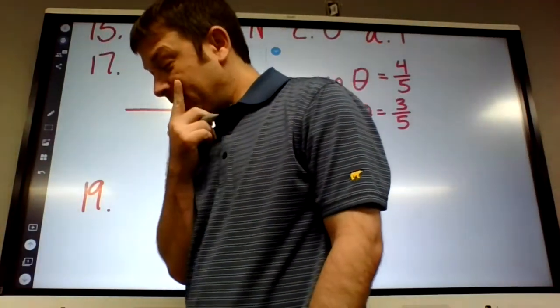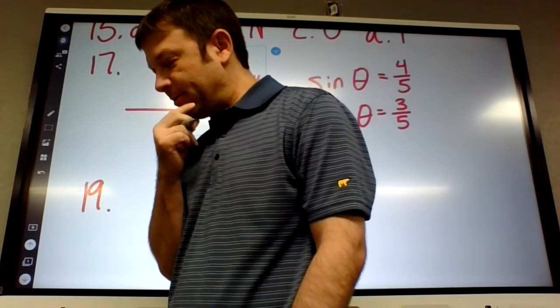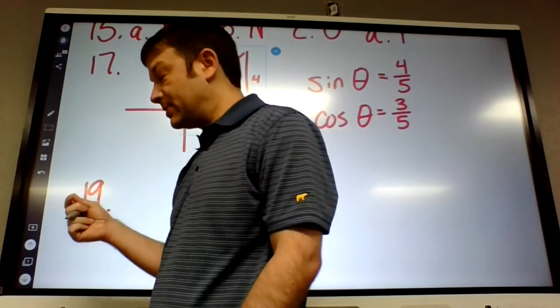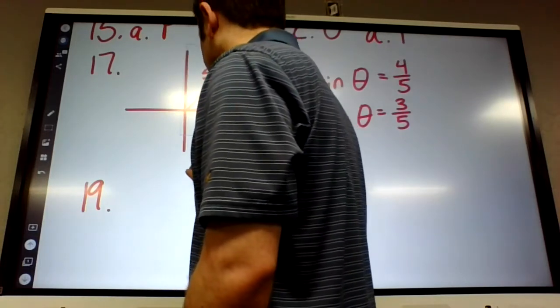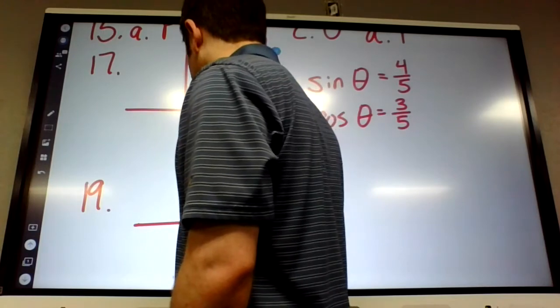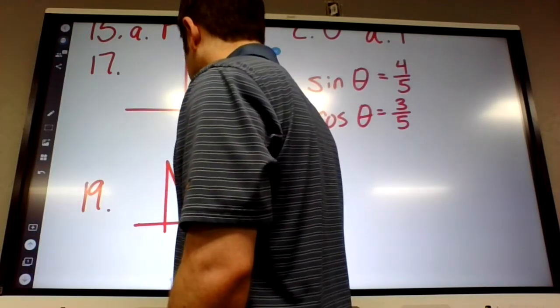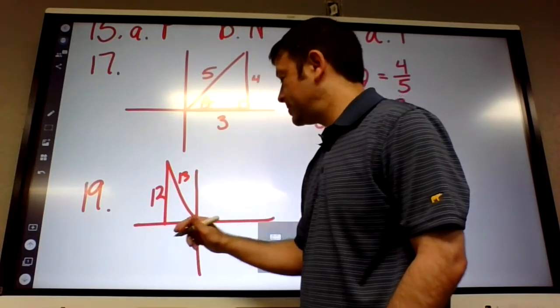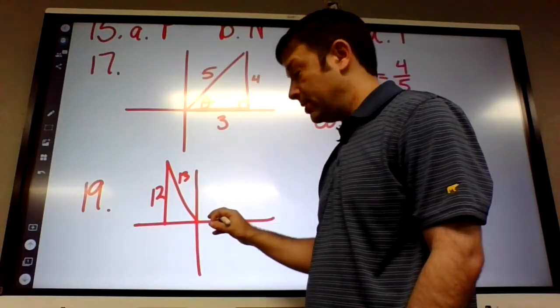All right. On 19, they don't give us the coordinates of that point. They just tell us the sides of the triangle. Okay, here's something a little bit different though.